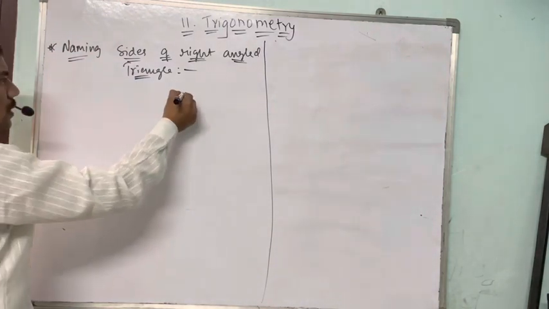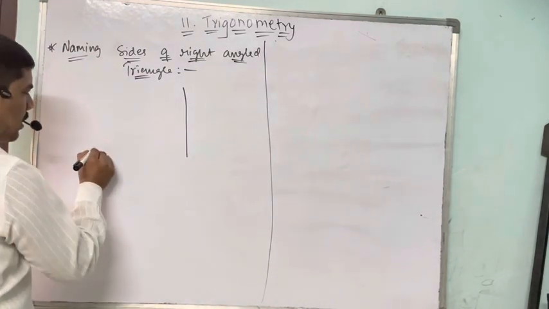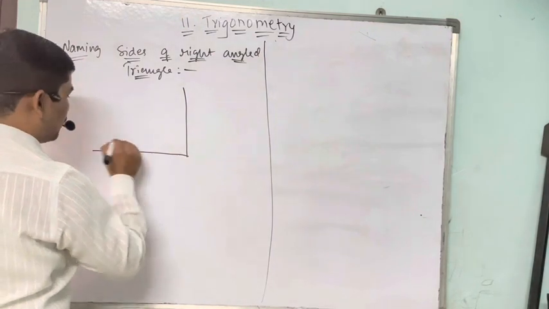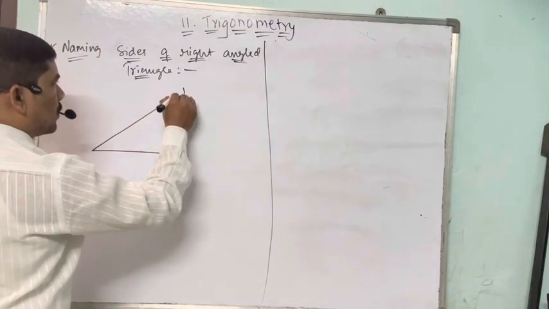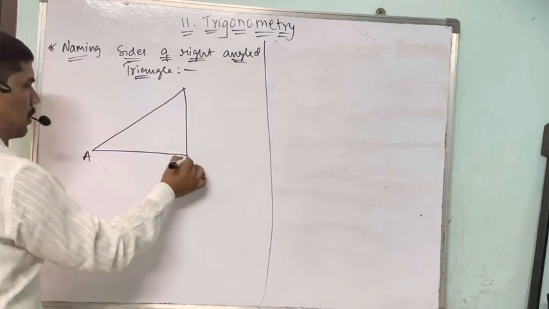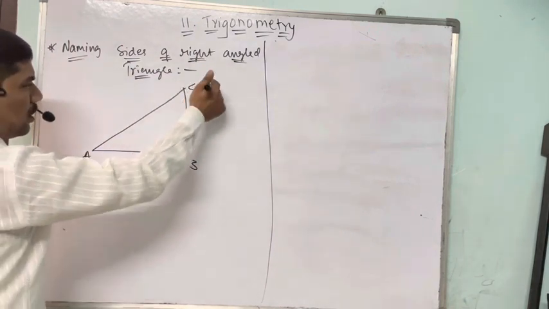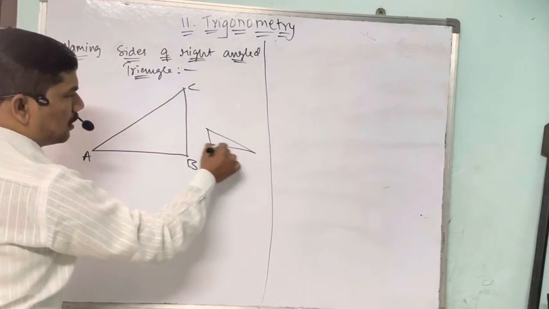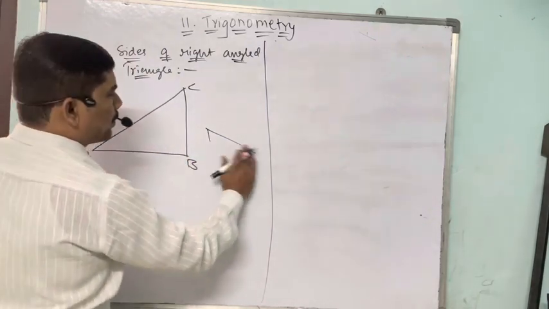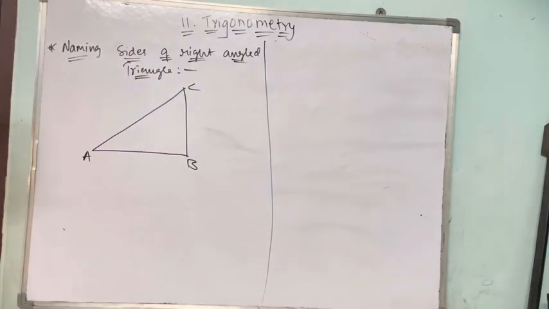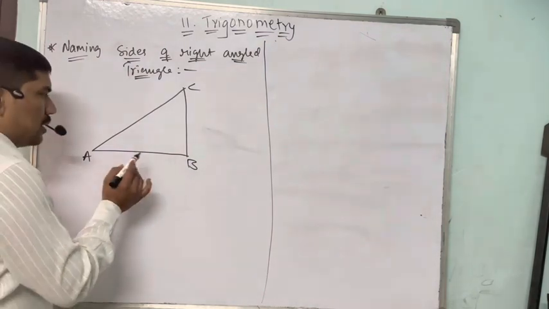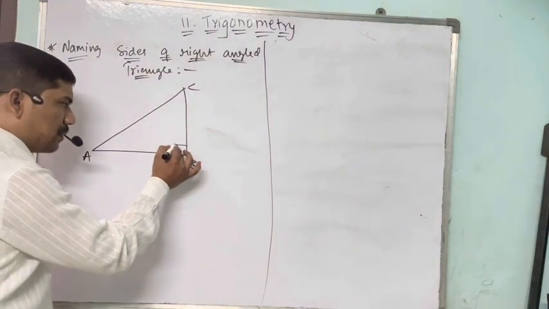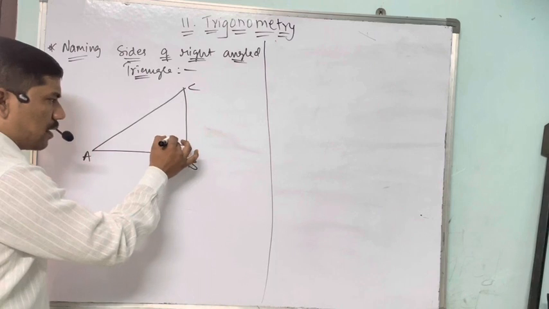Suppose now let us take it like this. A right angle triangle ABC. You can draw in this form also, student, no problem. Nothing is wrong in that. See, now suppose this is obviously 90 degree. Right.